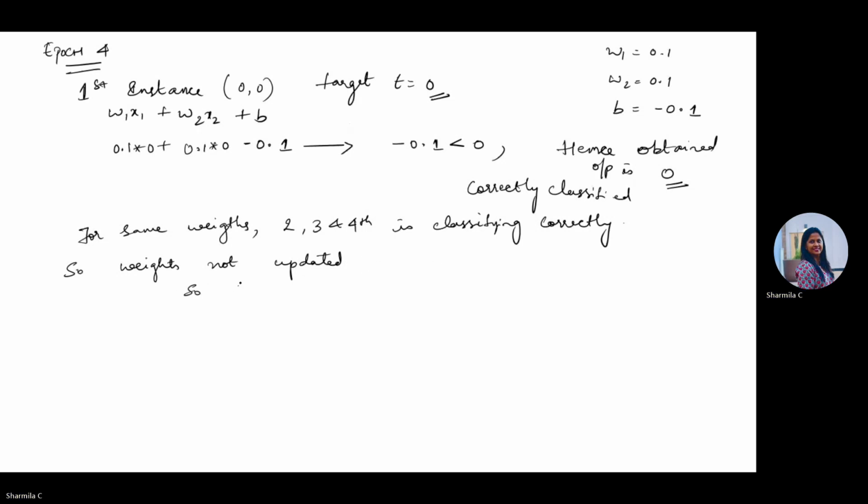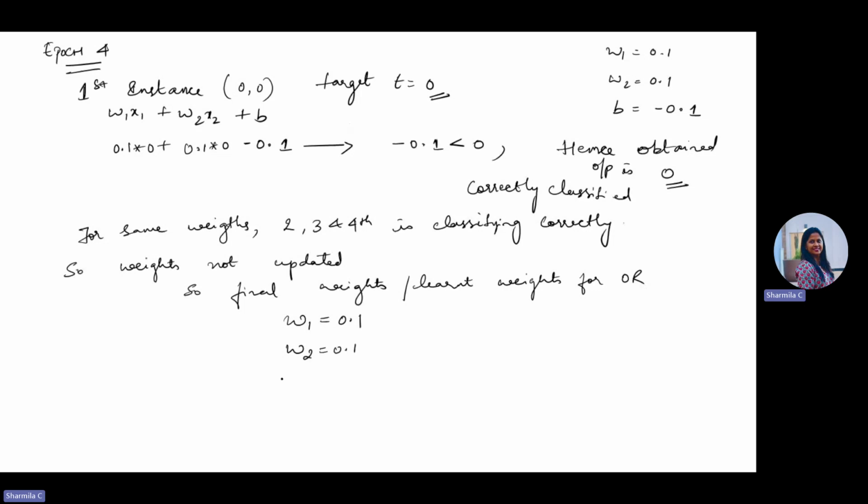So the final weights, the learned weights for the OR function, that we are finally getting are W1 equals 0.1, W2 equals 0.1, then B equals minus 0.1. So these are the final updated weights.